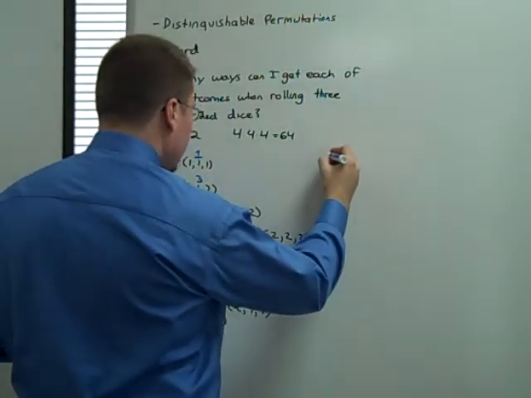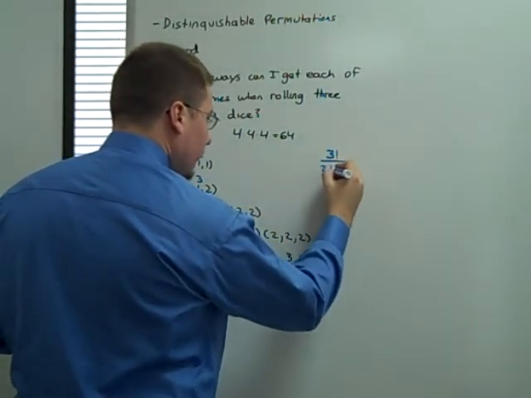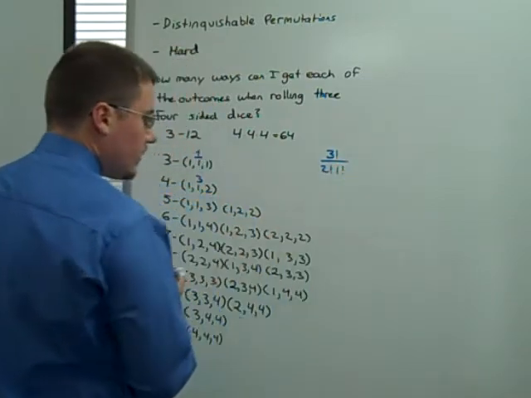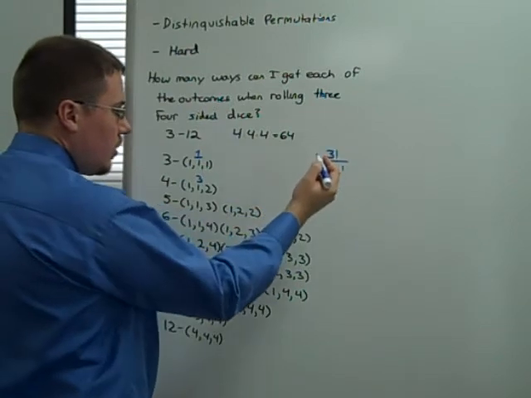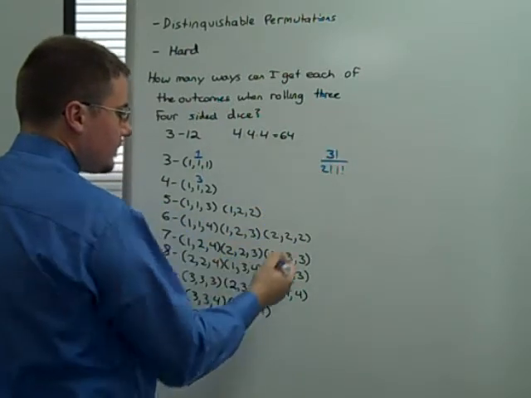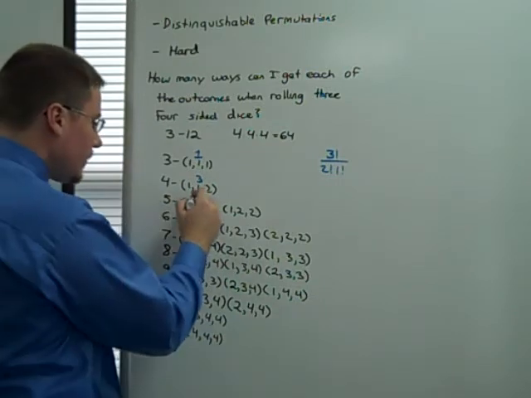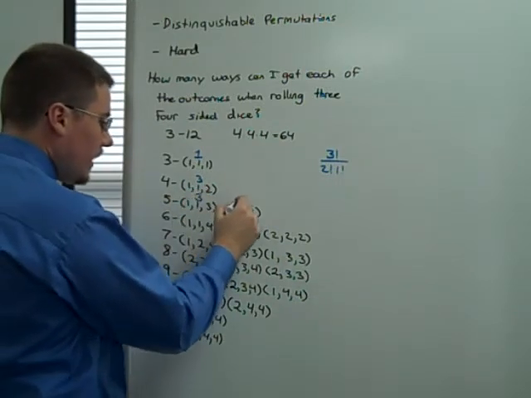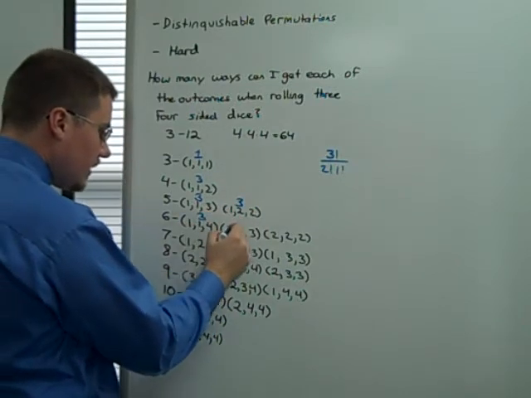For those who are curious, it's because it's 3 factorial over 2 factorial, 1 factorial, which is just 3 over 1. So 3. Now 1, 1, 2 is no different than 1, 1, 3, so we should expect 3 there. And same thing here. Same here.